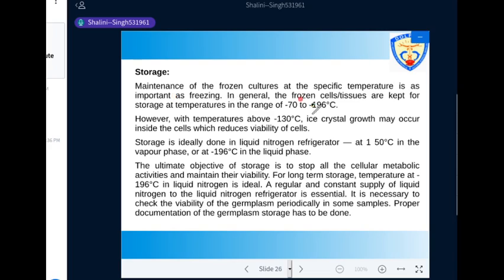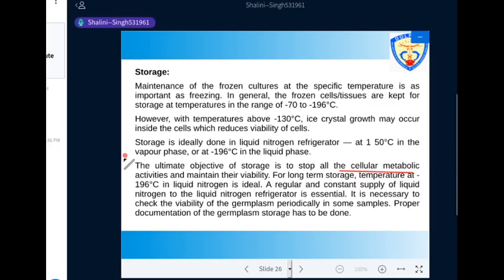However, with temperatures above -130 degrees centigrade, ice crystal growth may occur inside the cells, which reduces viability of cells. Storage is ideally done in liquid nitrogen refrigerator at -150 degrees centigrade in the vapor phase or at -196 degrees centigrade in the liquid phase. The ultimate objective of storage is to stop all the cellular metabolic activities and maintain their viability.